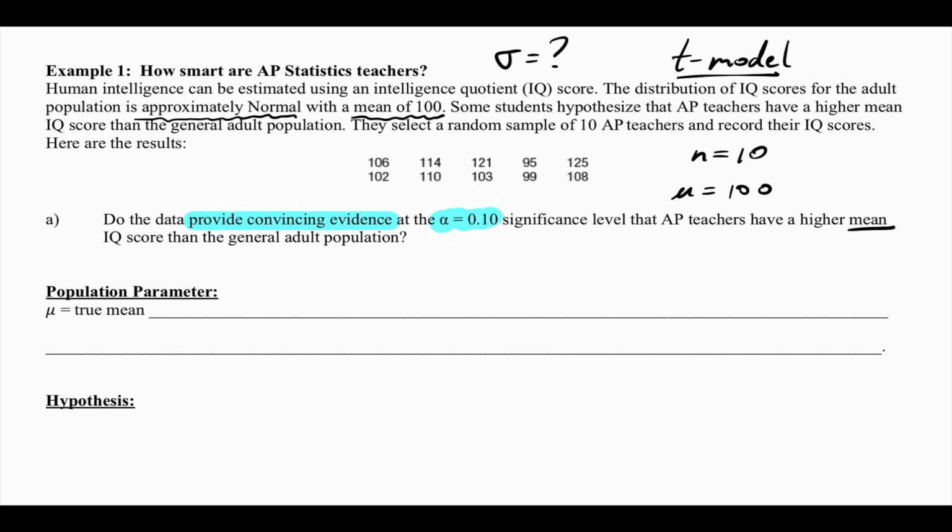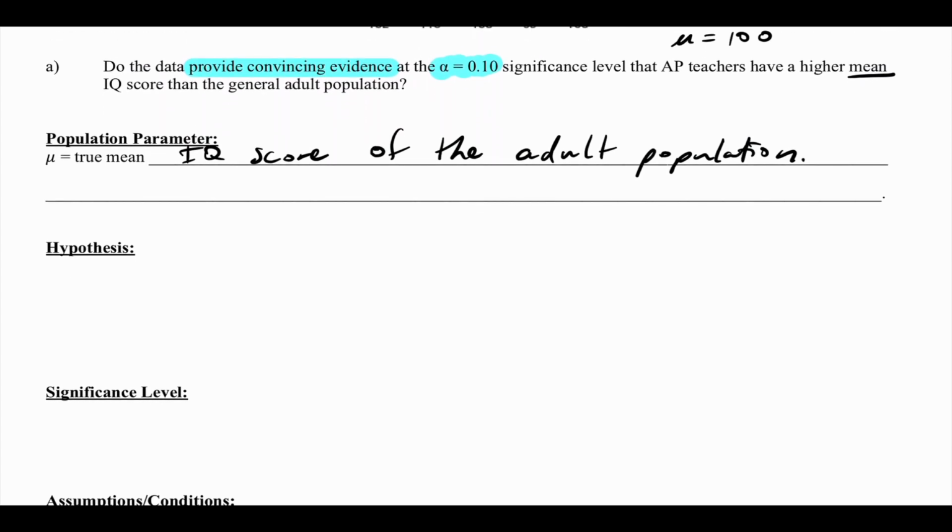So that number represents what? The true mean IQ score of the adult population, right? That's our population. That's who that represents.